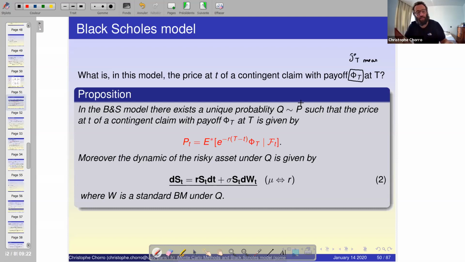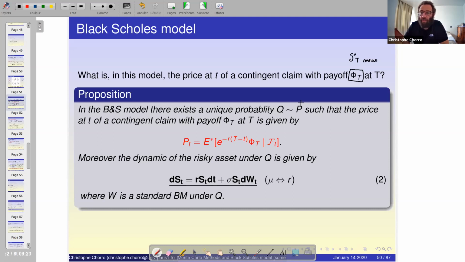So we have a perfect, complete market, where it is possible to obtain all the contingent claims as final values of self-financing portfolios, with some integrability conditions. And since I have an equivalent martingale measure, I know that the values of all these hedging portfolios are the same at any time.